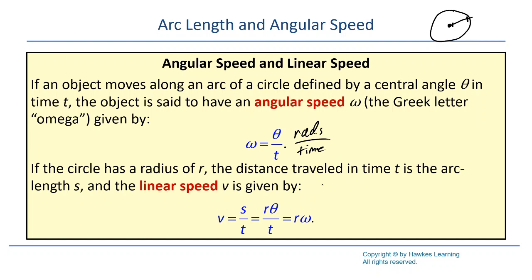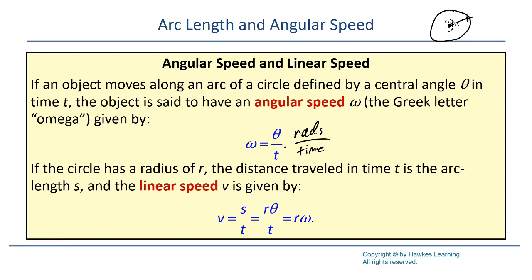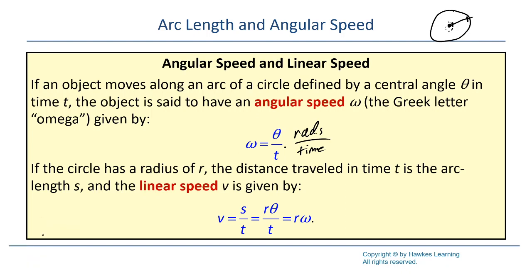The closer you stand to the middle, you're going around that circle versus the outer circle here. So angular speed is how fast the whole thing is rotating. Linear speed is what you're traveling based on where you're positioned on this disk.